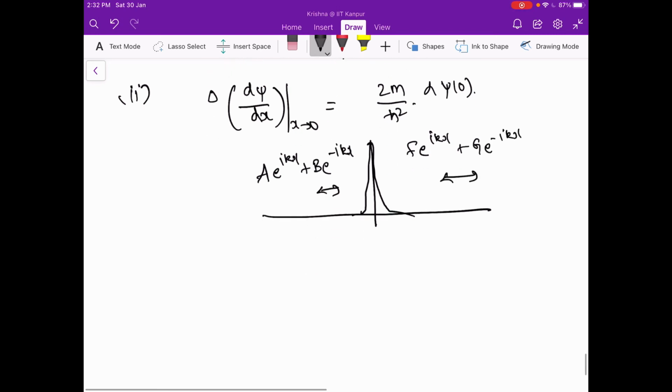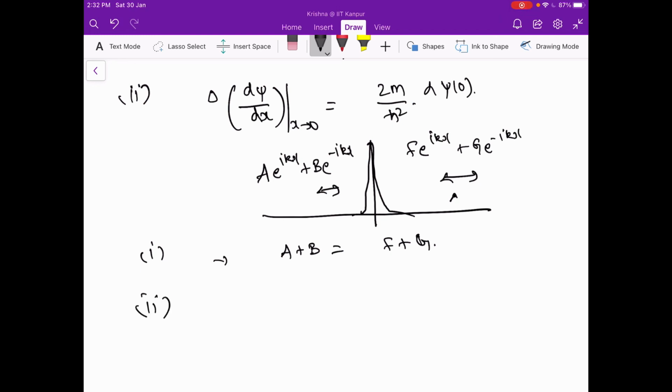So let's apply the first boundary condition, which will ensure that a plus b will be equal to f plus g. The first boundary condition is that the wave function is continuous, so psi of x equal to 0 in region 1 should be equal to psi of x equal to 0 in region 2. If you put x equal to 0, all the exponentials vanish, so all you will get is a plus b equal to f plus g.